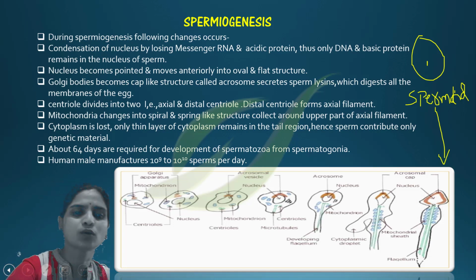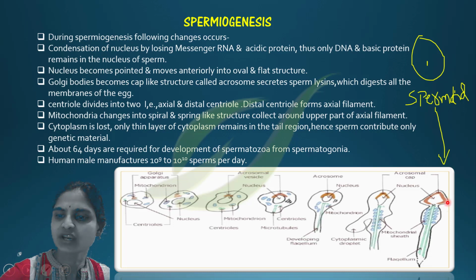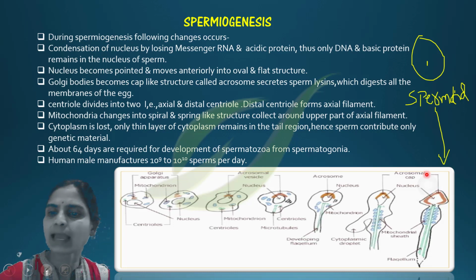Next we can see the Golgi bodies present in the spermatids. Many changes occur. You can find here how the Golgi body becomes a cap-like structure, and you can see clearly the yellowish shade here. This is called the acrosomal cap.